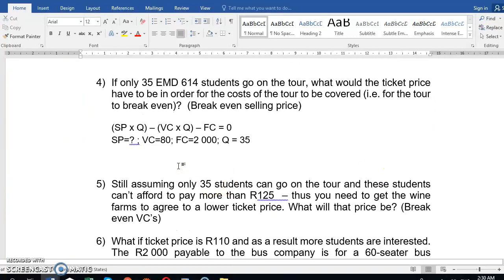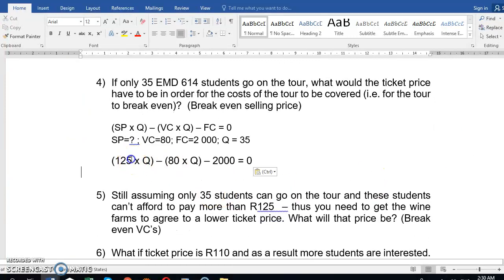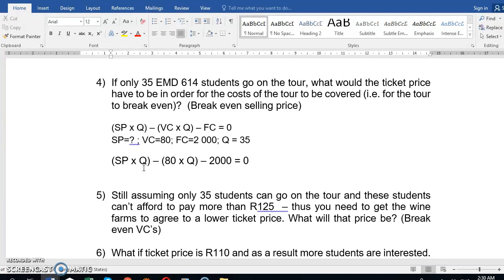So effectively we just do this 125, but we don't know that now, so I'll just call it the selling price. The quantity is 35, the variable cost is 80, the quantity is 35, and the fixed cost is still 2000, and remember it's still break even, so it equals 0.